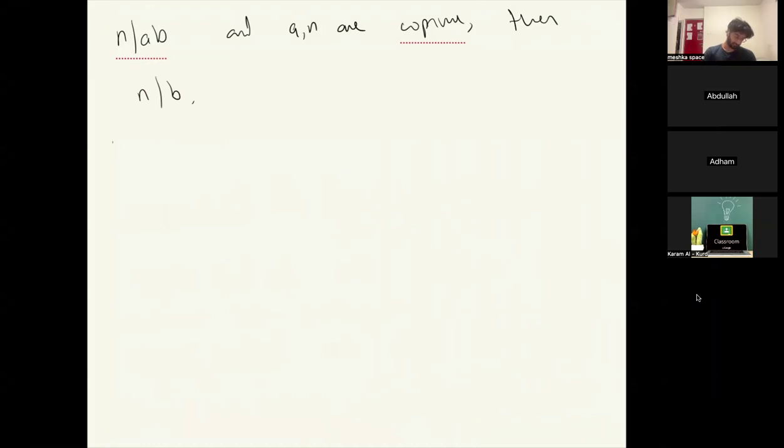I don't want to go into too much detail, but proof one of this claim is to use prime factorization. You can factor A and B, and see that every prime factor of N has to be a prime factor of B with higher multiplicity. Okay, so that's one proof, but you're saying there's another proof by Bezout.